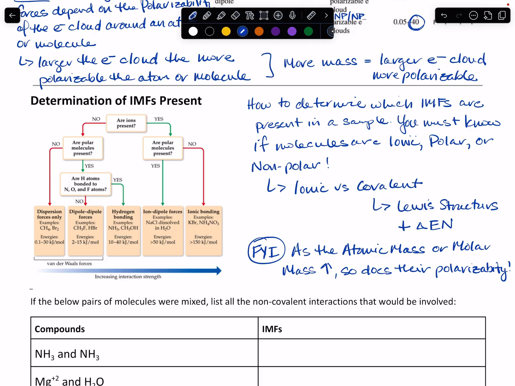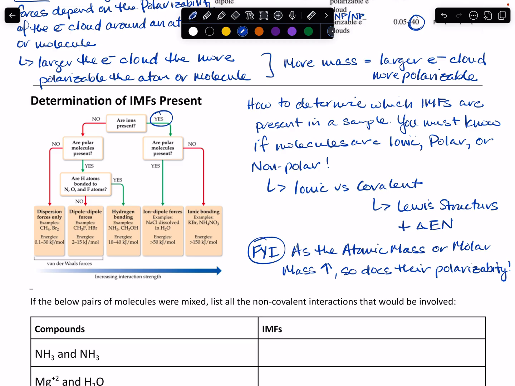The first thing I always ask myself: are there ions present? So is my compound ionic or is it covalent? If there are ions present, then you look and see, do I have the same substance? In other words, do I have a pure substance, just a molecule, or do I have a mixture?